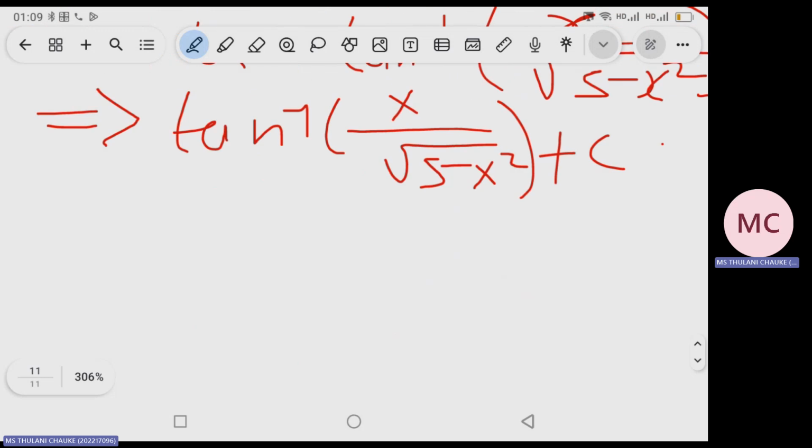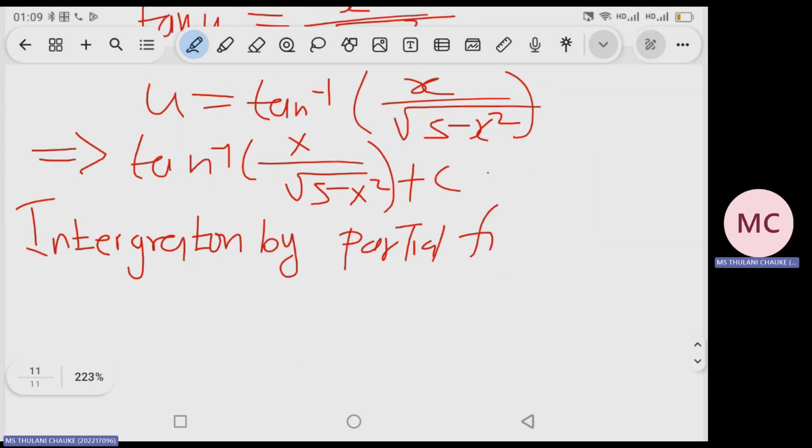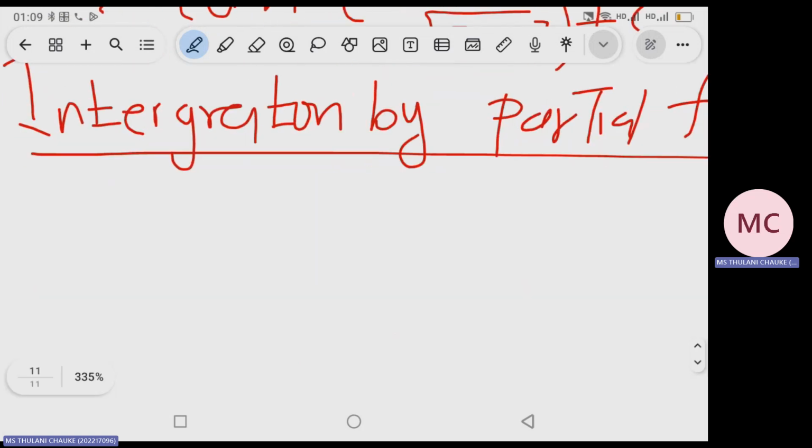And then under integration by partial fractions, here we've talked about a lot of rules. So I don't know if I should.